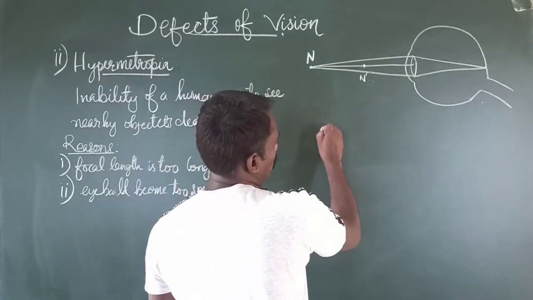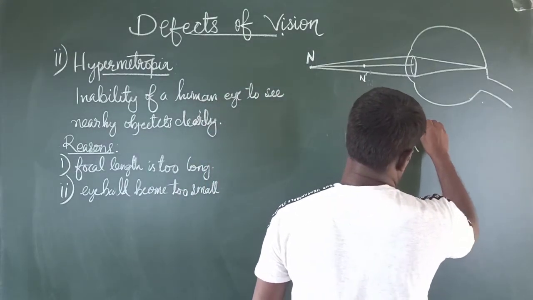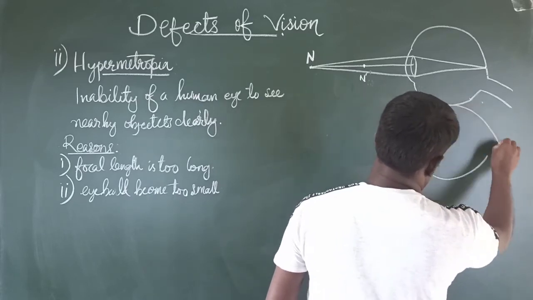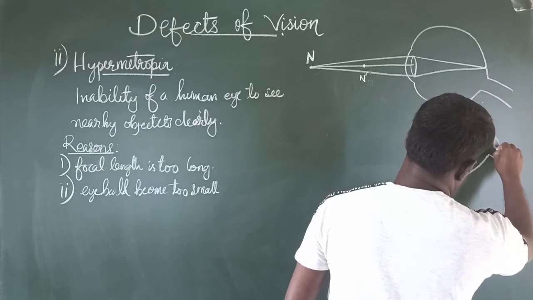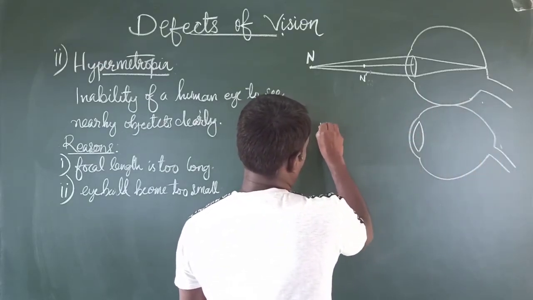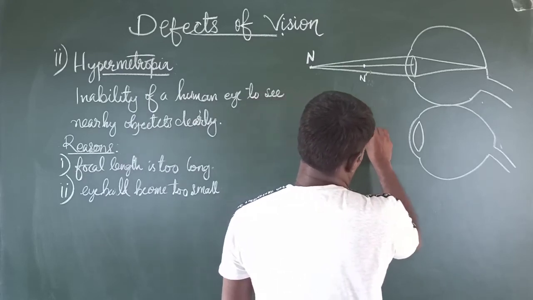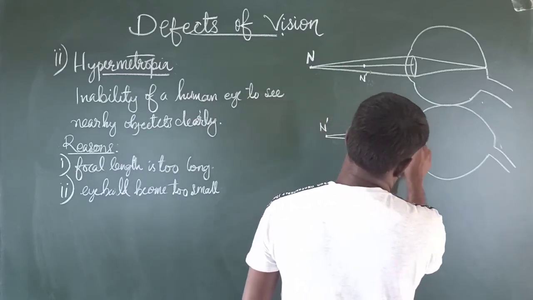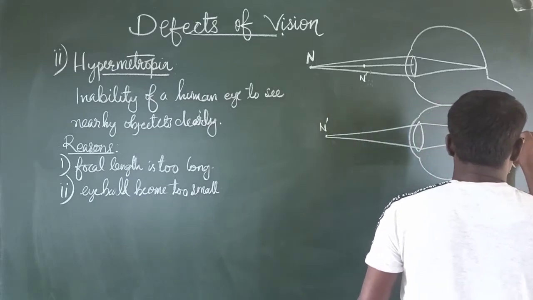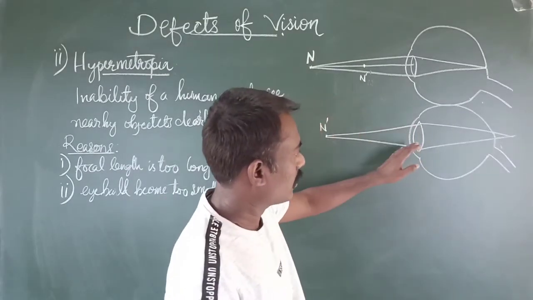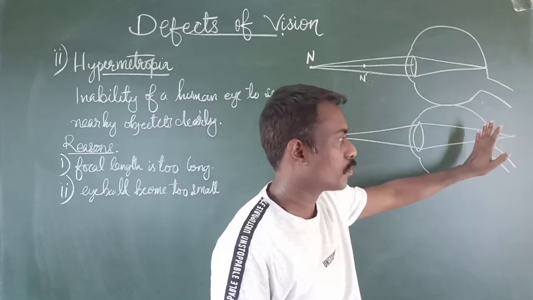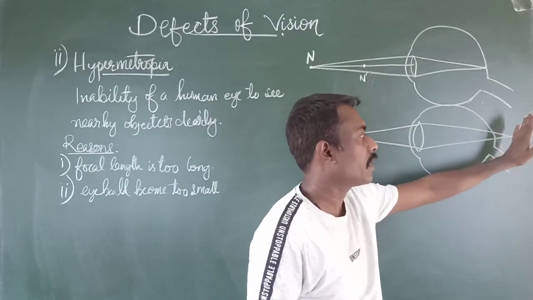See now, if this is the point N dash and the eye lens, the rays are coming from the object. After the refraction, what is happening? These rays are unable to produce an image on the retina, but form it behind the retina.